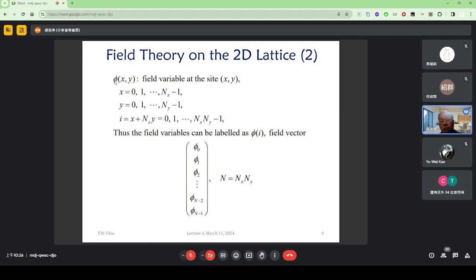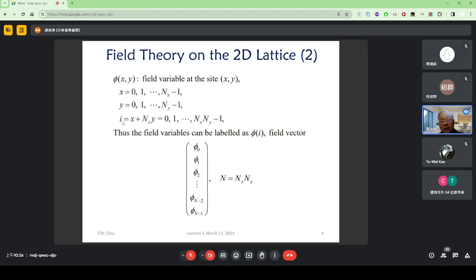Usually, I can use just one index to represent x and y. I don't need two coordinates. I just use one number, the index i. This is called a site index.